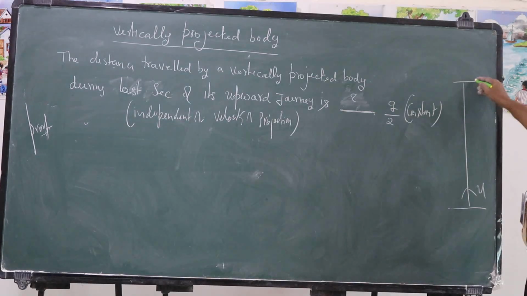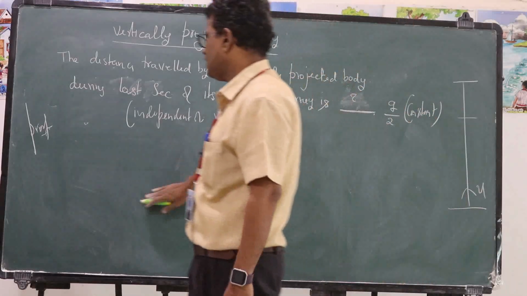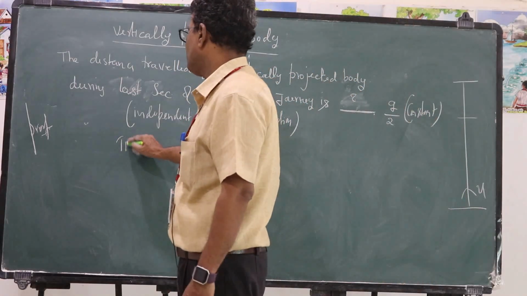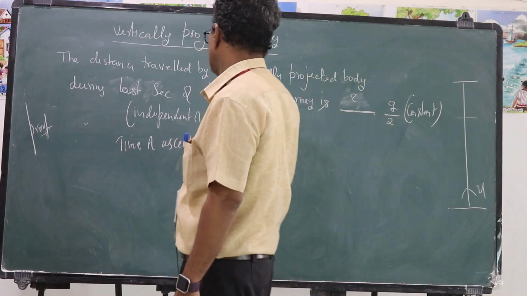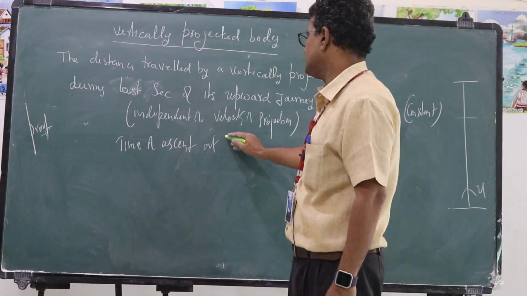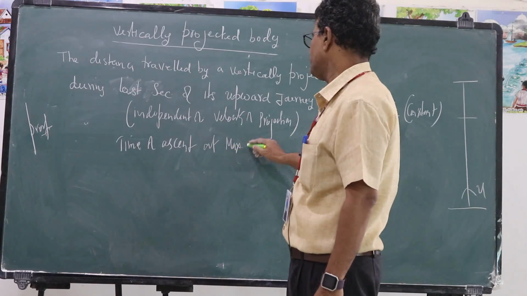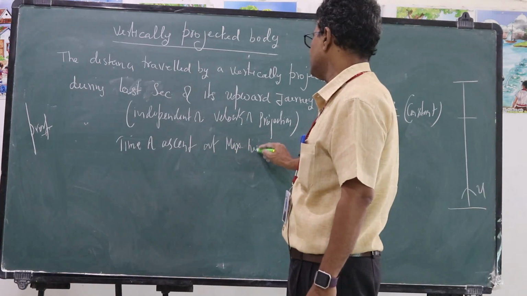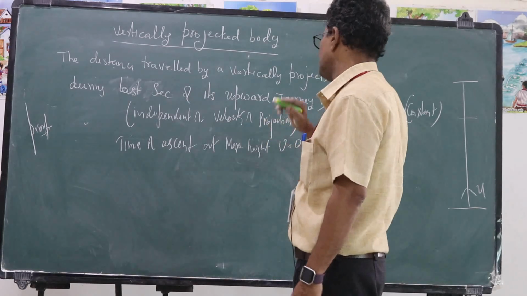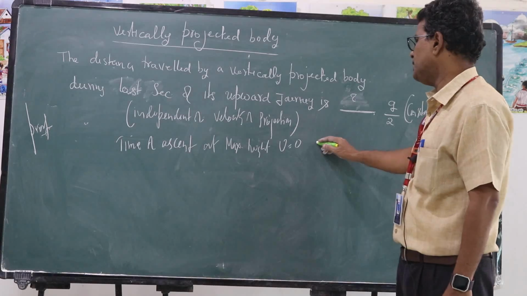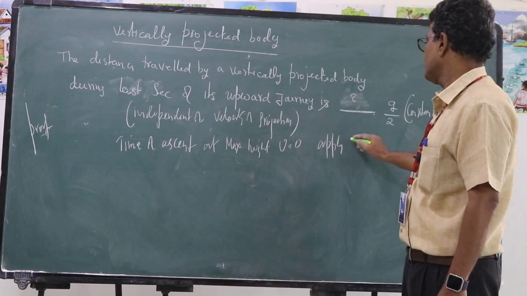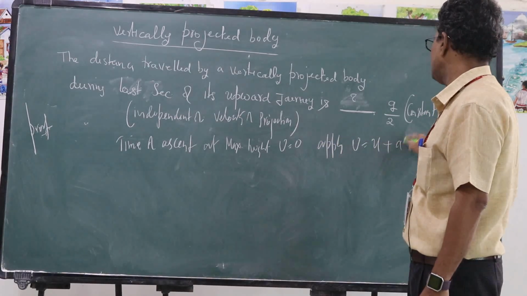Suppose for rising up it will take n seconds. So what is the time of ascent? At maximum height, velocity is 0. I want the time of ascent, so I apply v is equal to u plus at.